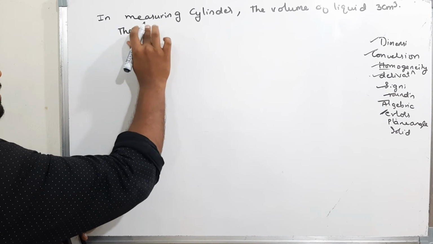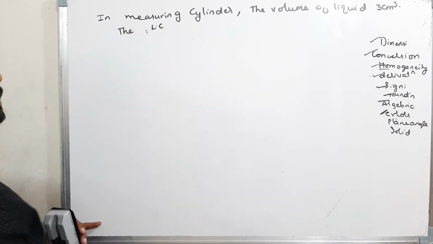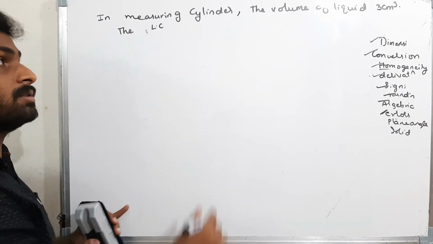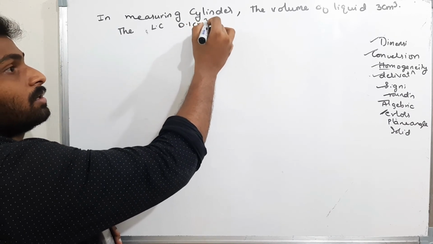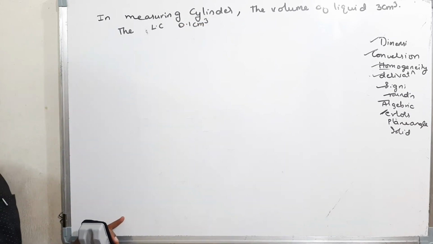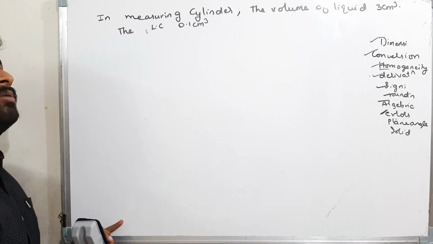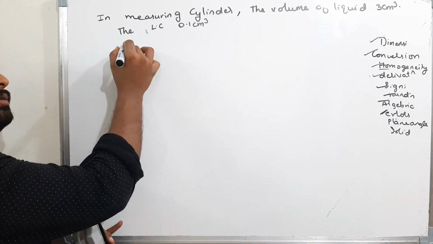The least count of the measuring cylinder is 0.1 centimeter cube. Now they told us to find the percentage error in the volume.